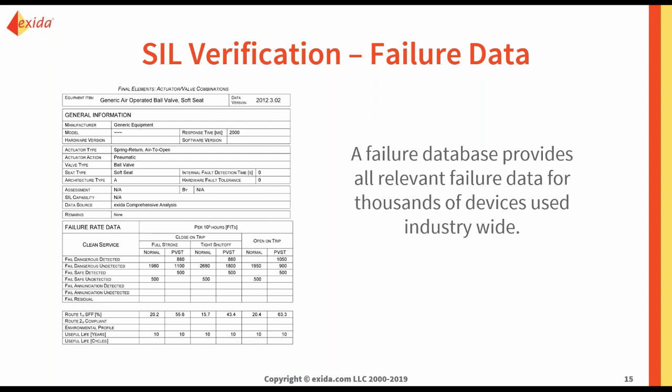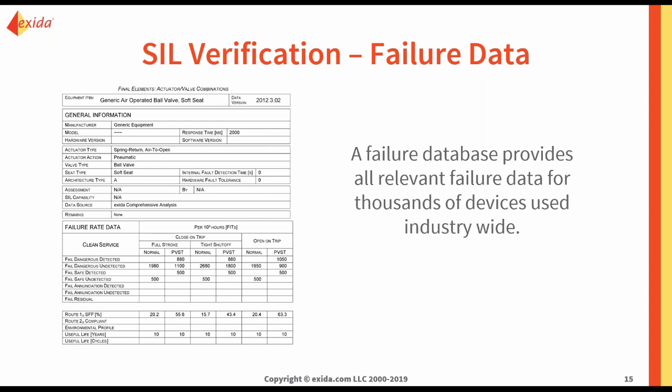So exSILentia has an embedded failure database. We call it our Safety Equipment Reliability Handbook. This provides data for thousands of devices used industry-wide, as well as generic data. So you can see on the left-hand side, we have a data sheet for a generic air-operated ball valve, and this is just a portion of the data that comes along with this device.